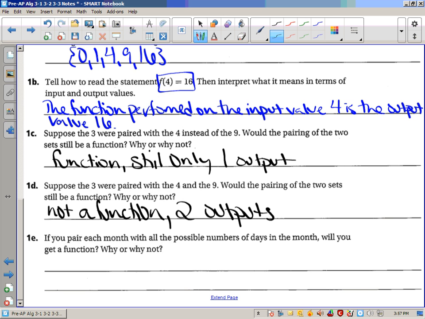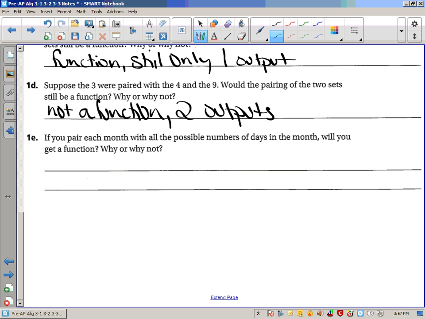So let's say for example you pair a month with the possible numbers of days in the month. Will you get a function? Why or why not? Let me rephrase the question. For every month, is there only one set of possible days in that month? So for the month of January, how many days are there? 31.